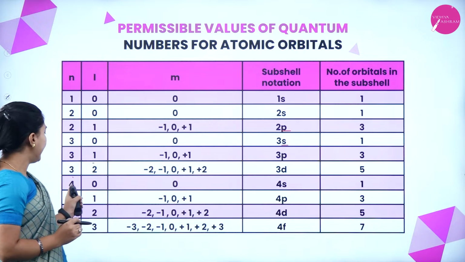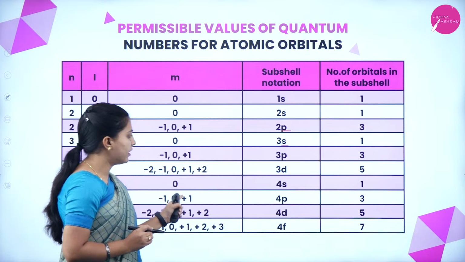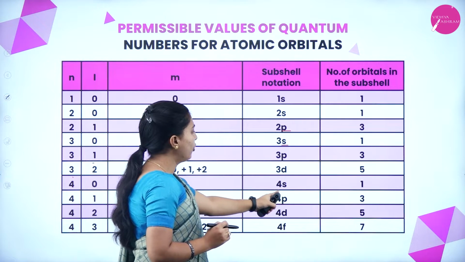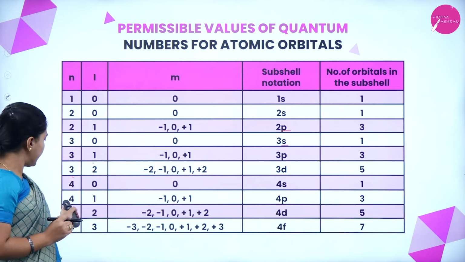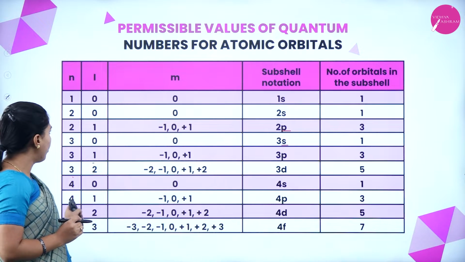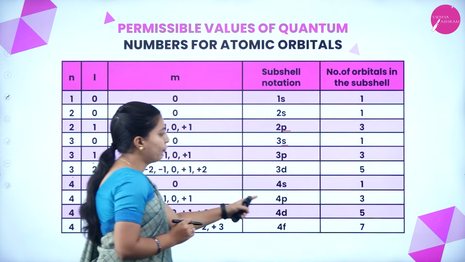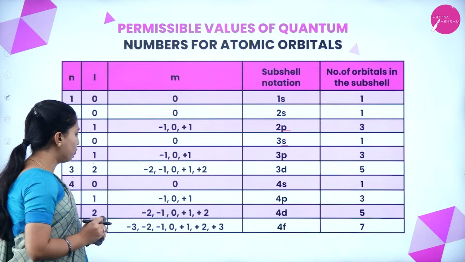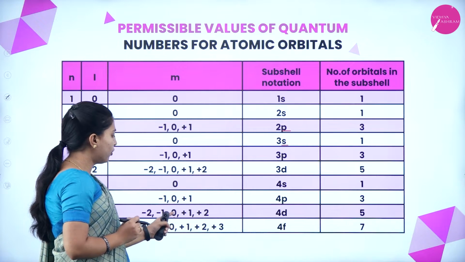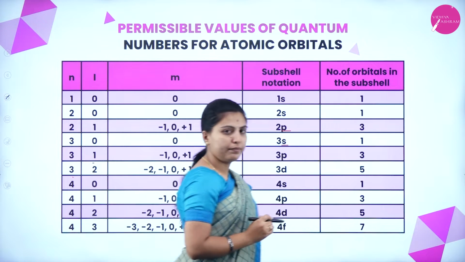Okay. When n equals 4, L equals 0, M will be 0, then subshell notation 4s, number of orbitals will be 1. Similarly, when n equals 4, L equals 1, M is minus 1, 0, plus 1, 4p, 3. See, n equals 4, L equals 2, minus 2, minus 1, 0, plus 1, plus 2, 4d, 5. Okay.